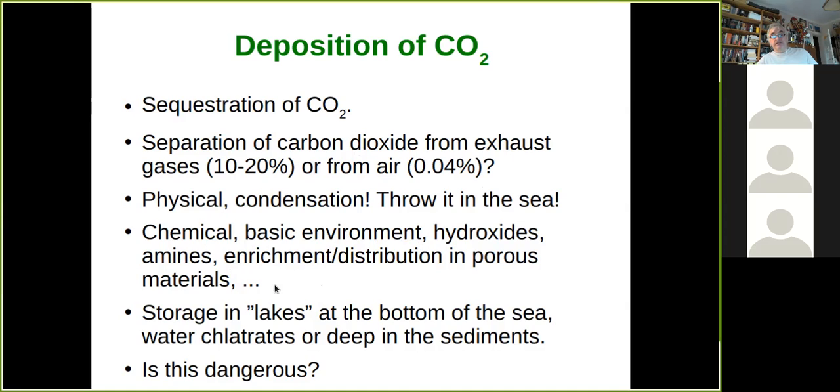If you can do this in a cyclic way to absorb and then regenerate at the expense of some energy, there will be a larger need of electricity in the future, at least if one should introduce a lot of extra processes. And then one can store it, for example, in the ground or at lakes at the bottom of the sea.